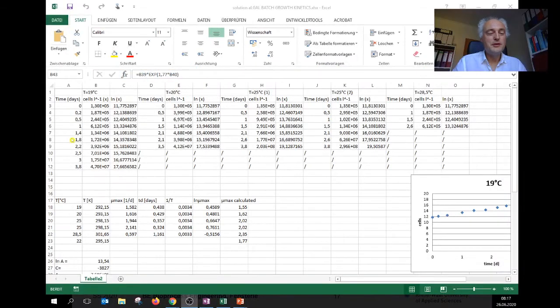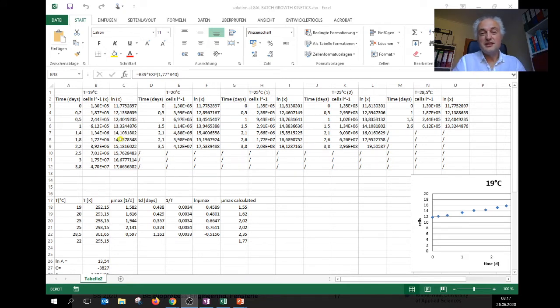You remember what you were asked to do: you had algae growth at different temperatures, 19, 20 and so on degrees, and it was slow growth, so the growth was in days, and you had the values. Based on these values, first of all, calculate the specific growth rates.